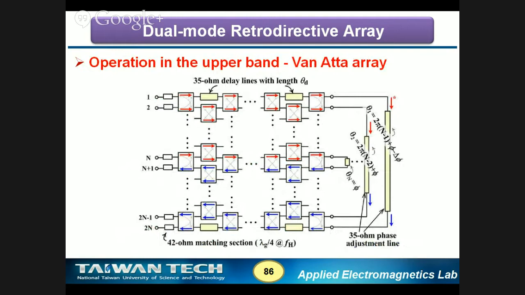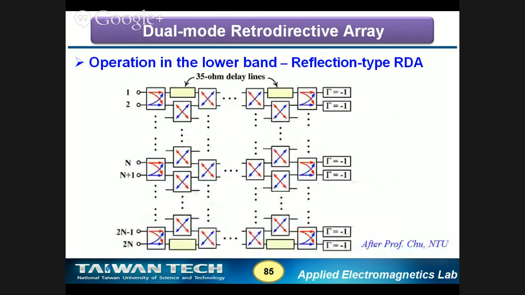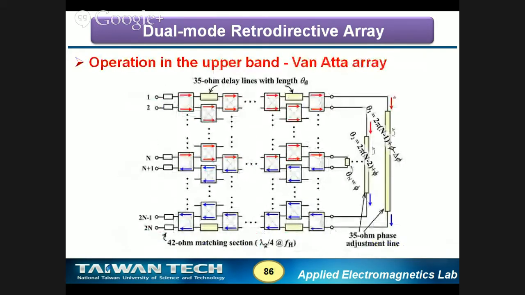And port 2, because there are no coupling paths, is connected directly to the second last port, and vice versa. So in this sense, we combine the reflection type array and the Venn array as a whole, using a single topology, a single feeding network.